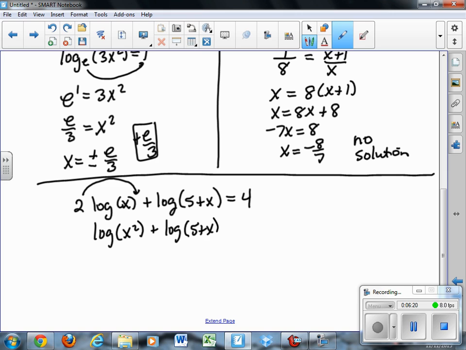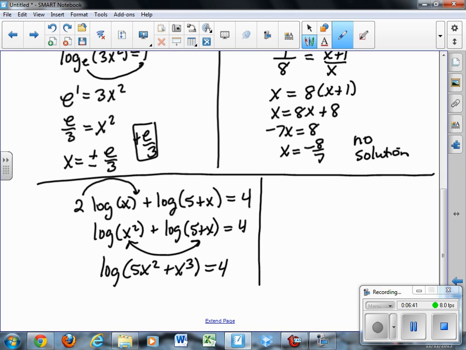And then I can multiply and make it into a single log. So I'd have log of the quantity 5x squared plus x cubed equals 4. And I actually don't want to solve that because it turns out that's going to be a nasty thing to solve. But that just kind of illustrates the issue.